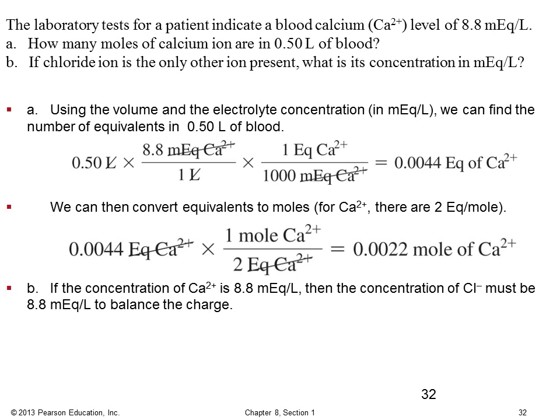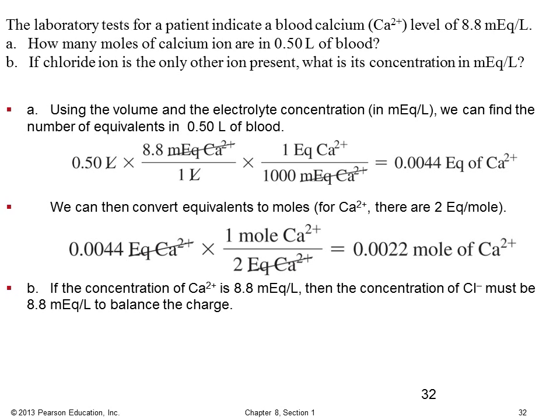So the easiest way to figure out the chlorine minus milliequivalents per liter would be that it has to be equal and opposite to the calcium plus 2. You would have the same concentration of charge from the chlorine as from the calcium, so it would just be 8.8.